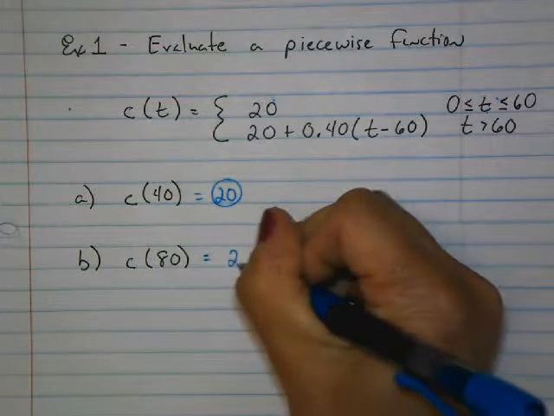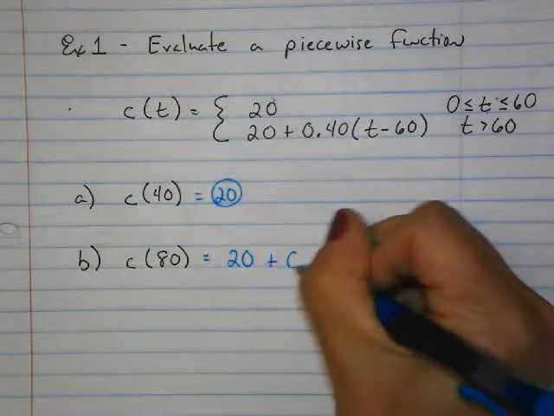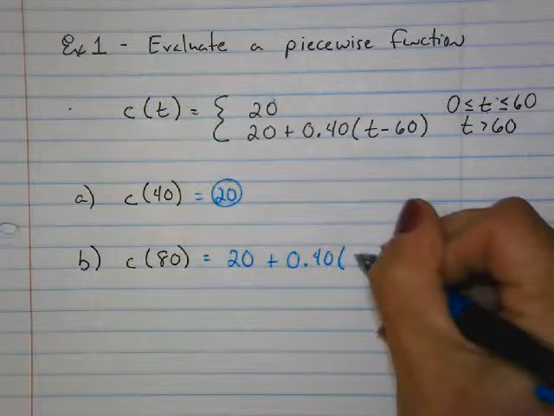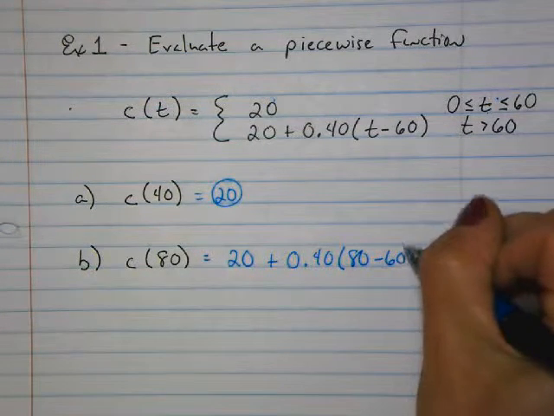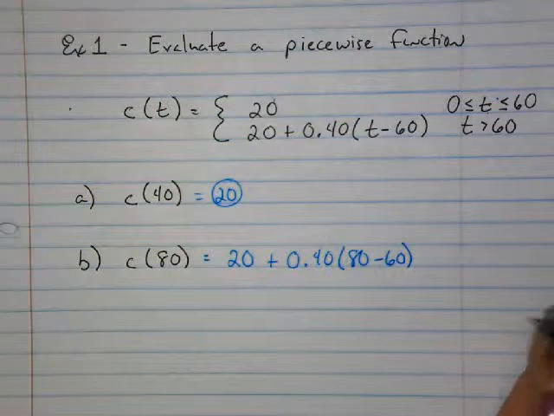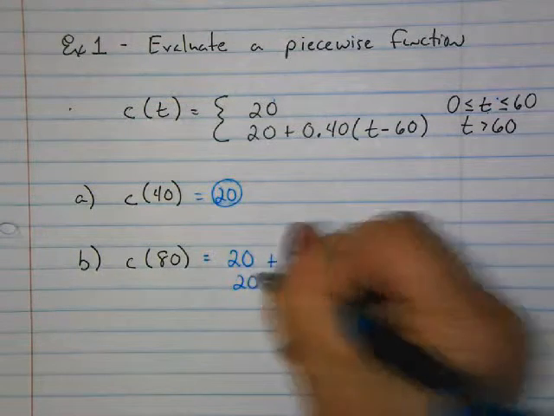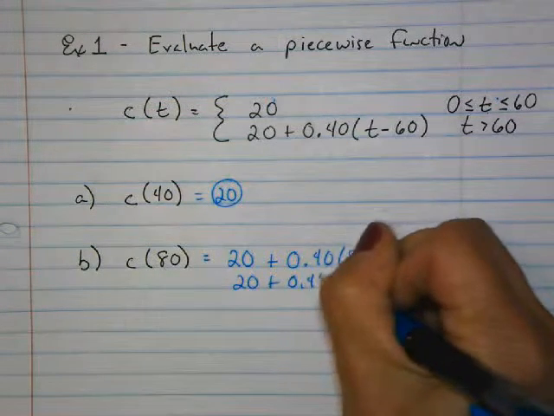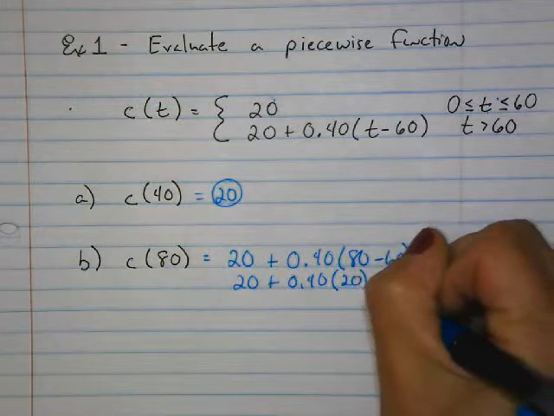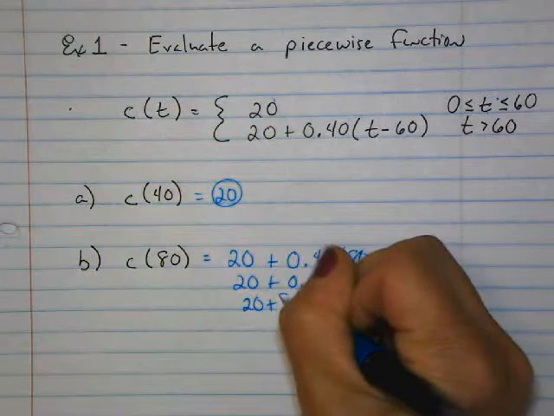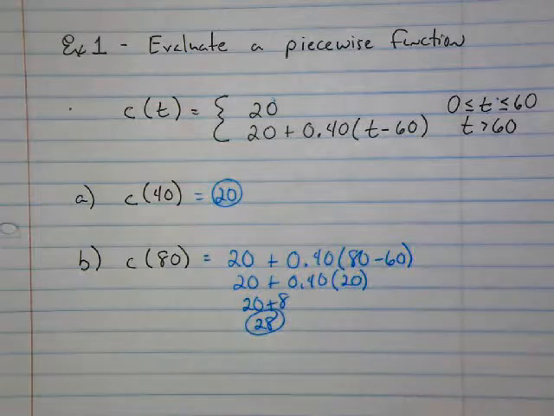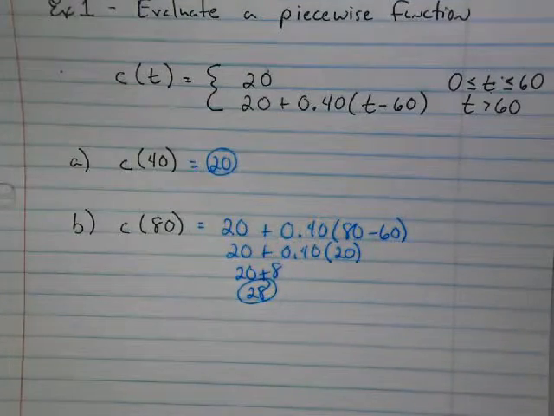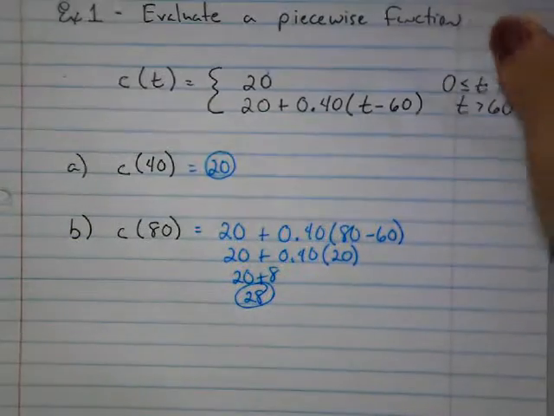So I'm going to do 20 plus 0.40 times 80 minus 60. Then I just do the evaluation. So 20 plus 0.40 times 20, so it's 20 plus 8, which is 28. So piecewise functions look much worse than they really are. They're not bad guys at all.